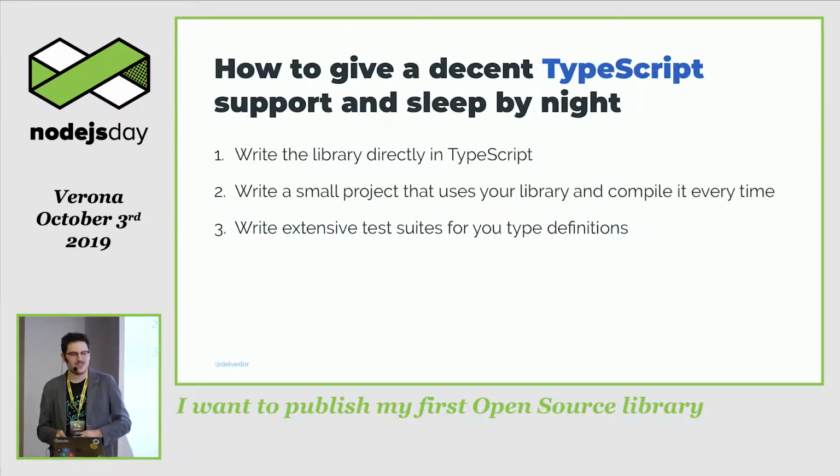So after 2 years of complaining about TypeScript, how can you give decent TypeScript support and sleep at night? First, write the library directly in TypeScript. It's an easy suggestion. I usually don't do that, because I really like all the freedom JavaScript gives me, but it's opinions.